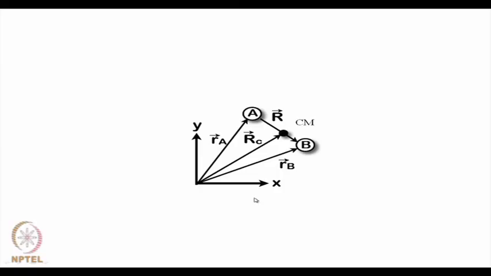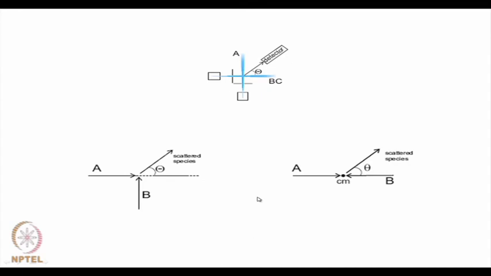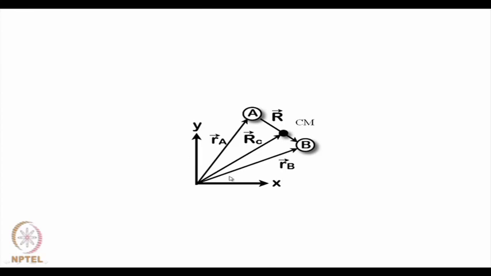So, that is why we take up this classical approach. For your 2 beam experiment, you have to convert from the laboratory frame to center of mass system, and that we have discussed, the kinematics, how to do this transformation.